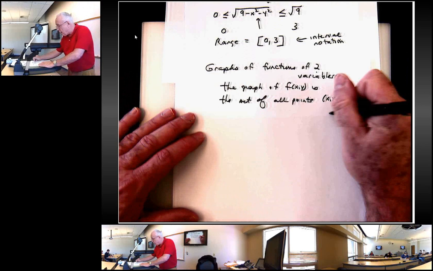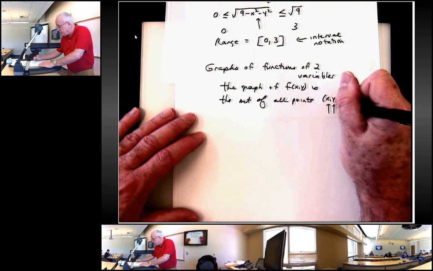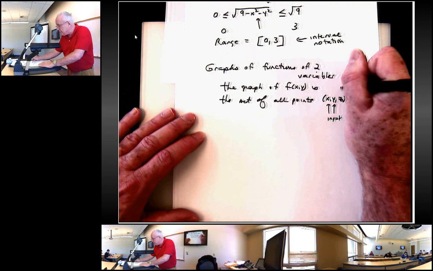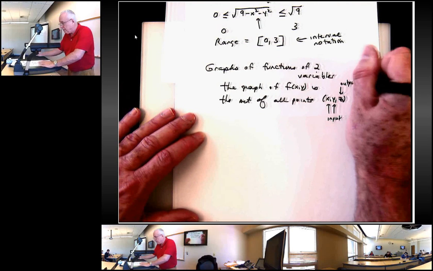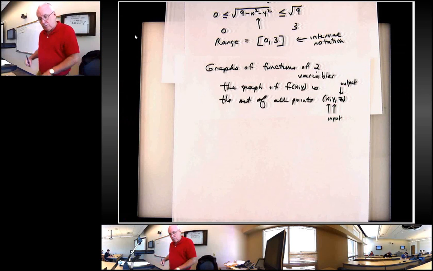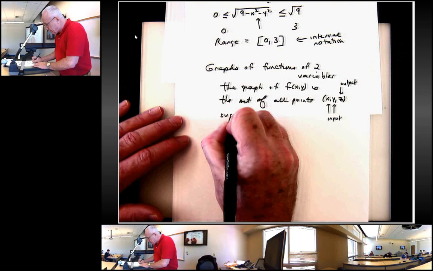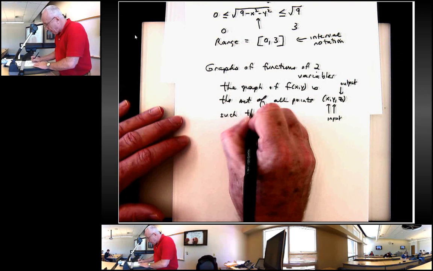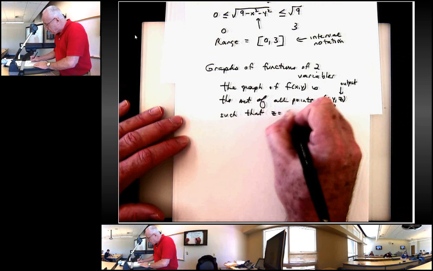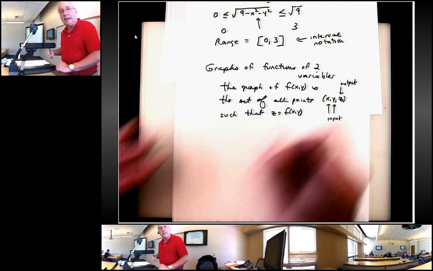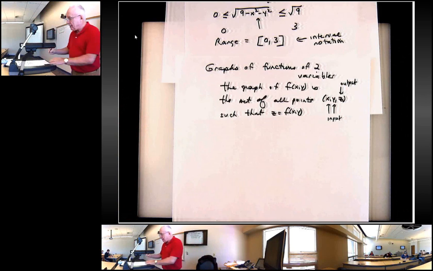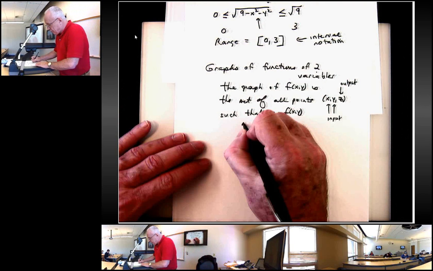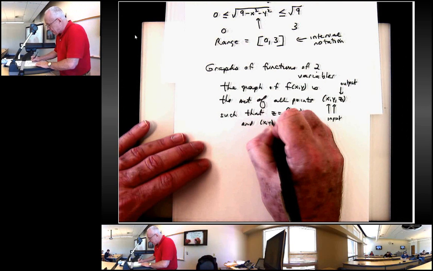X and y are our inputs, z is our output. The set of all points x, y, and z such that z is equal to the function at x and y, and we have to make sure that x and y is in the domain.